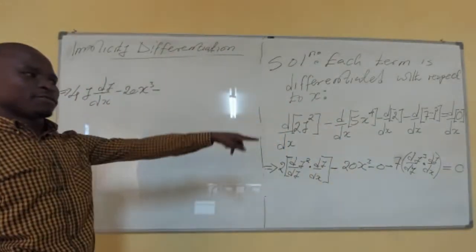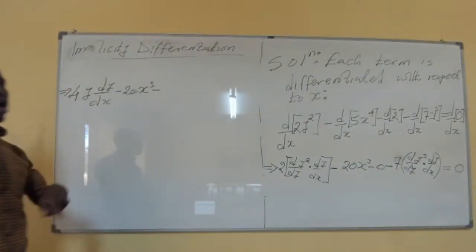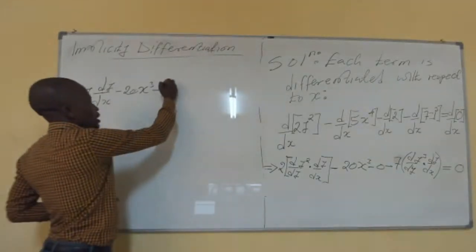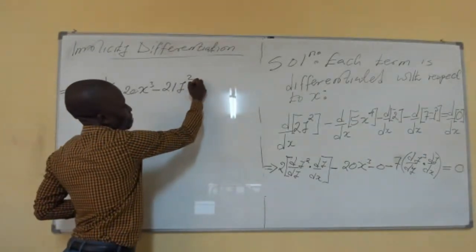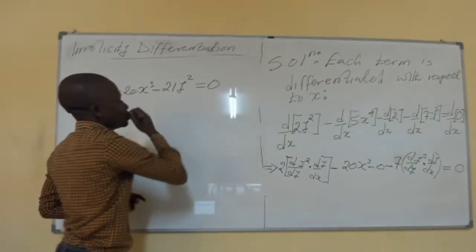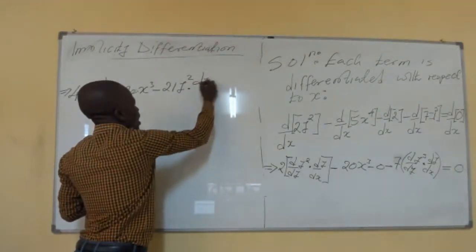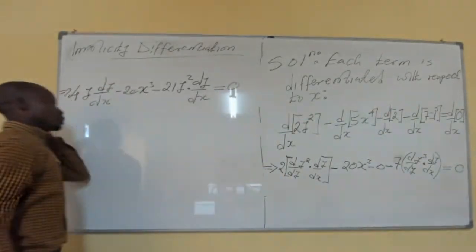Then the derivative of y power 3 with respect to y is 3y squared, times 7 gives us negative 21y squared dy/dx, which is equal to 0.